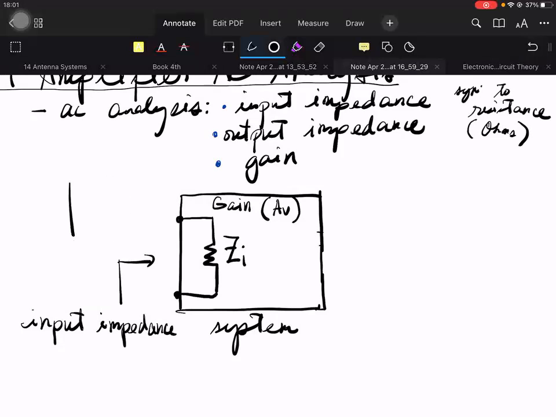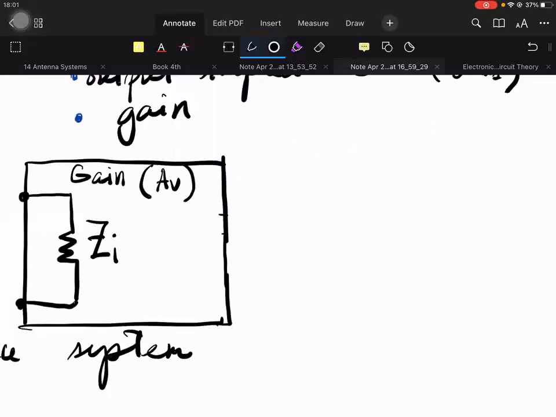The same with the output impedance. Output impedance is this one, ZO. And I think the gain should also be here.